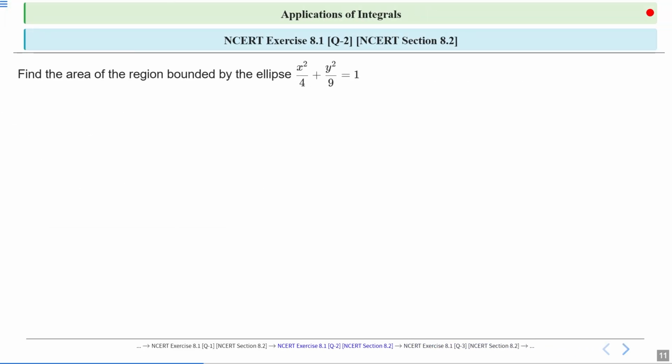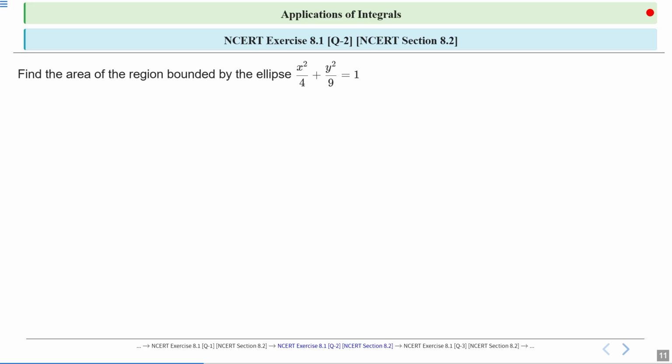So the next question is, find the area of the region bounded by the ellipse x²/4 + y²/9 = 1. Again, an ellipse. So what is the difference from the first question? Here, the equation of the ellipse is x²/4 + y²/9 = 1. So at first recognize what type of ellipse it is.